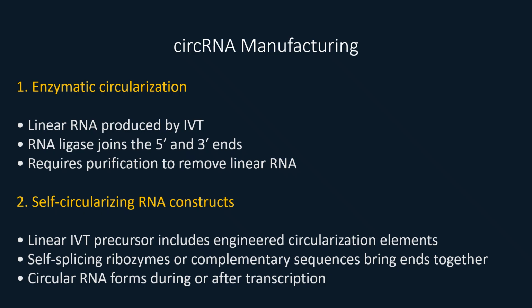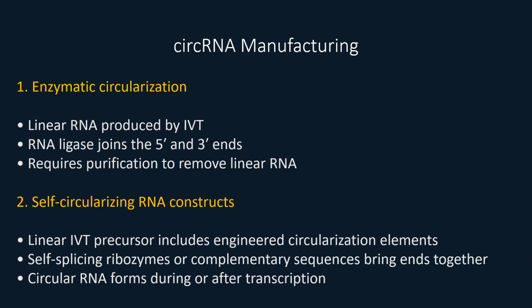An RNA ligase, like T4 RNA ligase, joins the 5' and 3' ends to close the loop. So the thing is that not every molecule circularizes, so you end up with a mix, and purification to remove leftover linear RNA becomes critical, obviously.